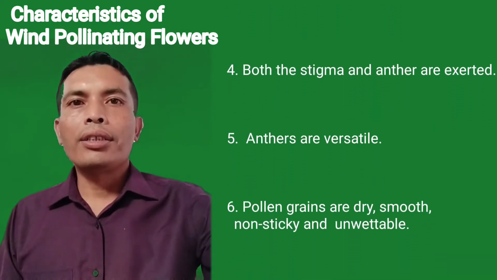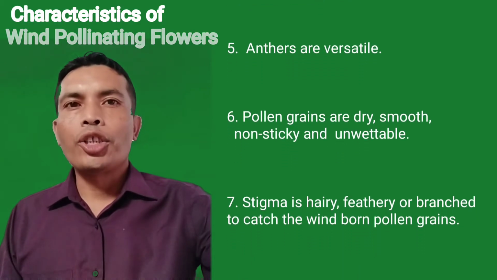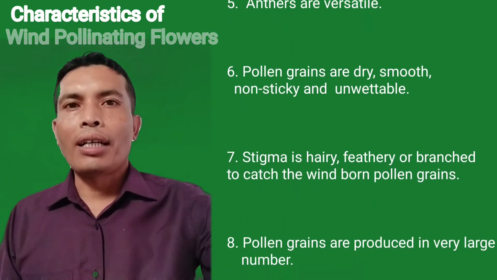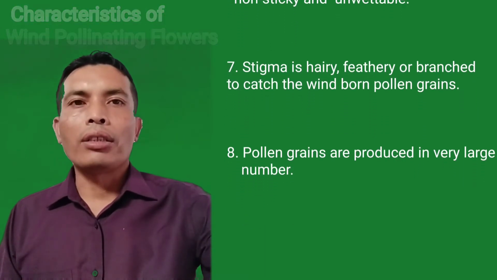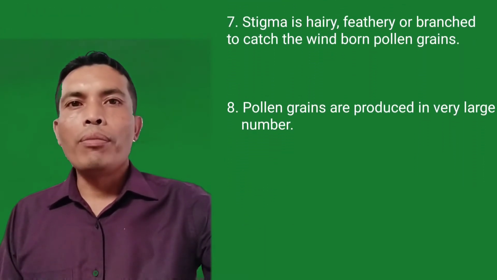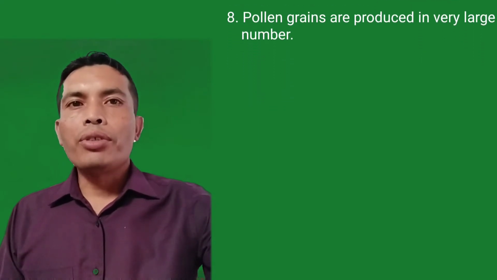Anthers are versatile. Pollen grains are dry, smooth, non-sticky and unwettable. Stigma is hairy, feathery or branched to catch the wind-borne pollen grains. Pollen grains are produced in very large numbers.